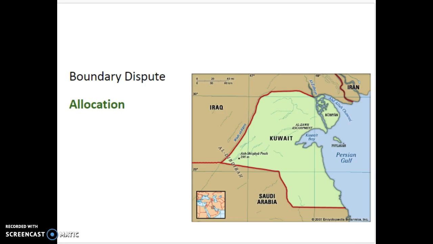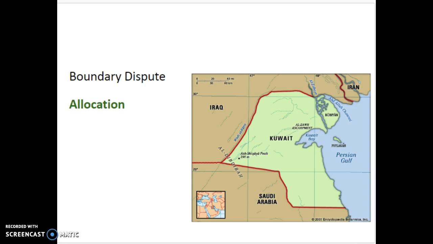Looking through that lens, we have the boundary between Kuwait and Iraq, where you have natural resources like oil. The question is, you've already delimited it on the map, but how do the two states share those resources that are extracted underground? So that could be a situation.